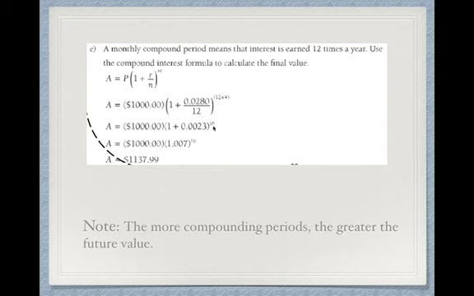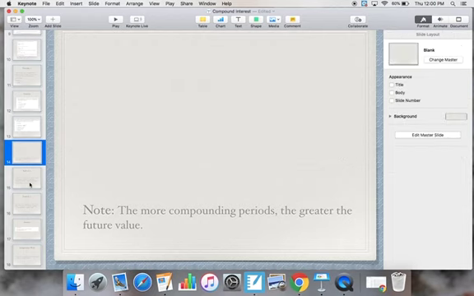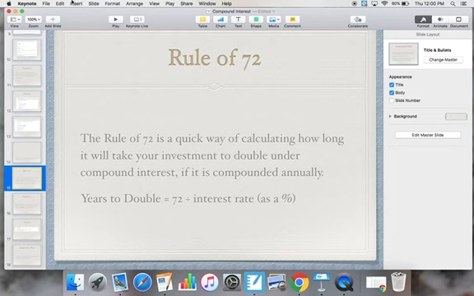They actually have a mistake in this by the looks of it, because they have 12 times 4 is 16, which is not right for some really odd reason, or they've kind of missed this up. So I'm just going to delete that and I'll edit that in, but essentially what you've got is the more compounding periods, the greater the future value.